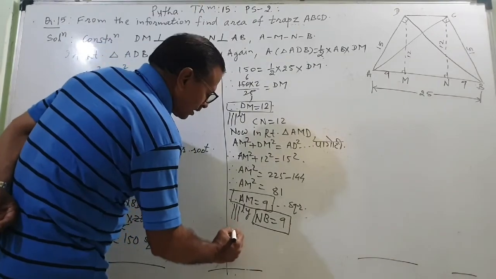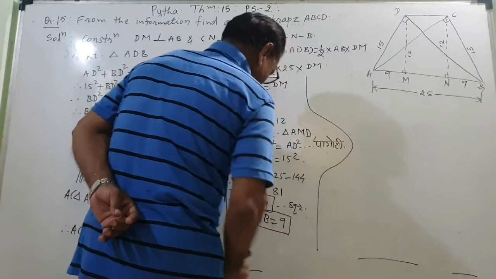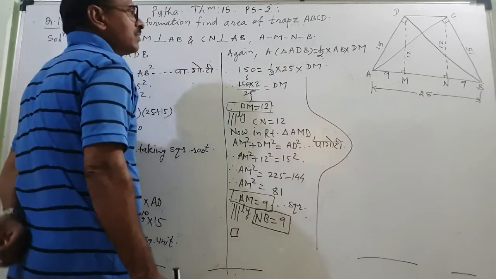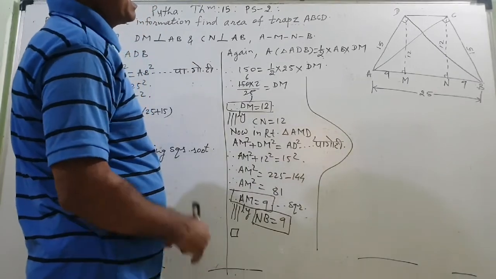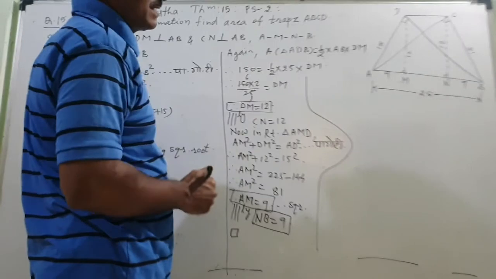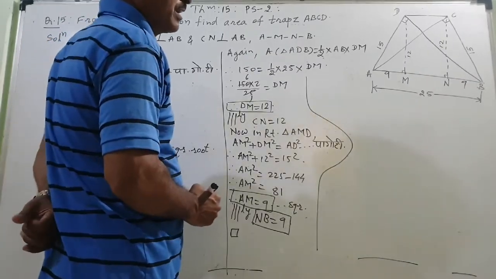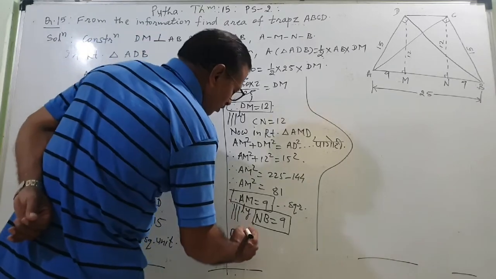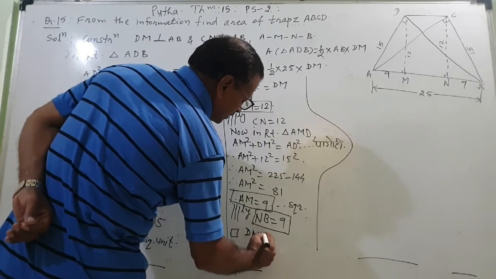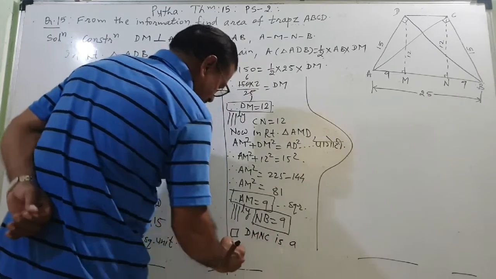In quadrilateral DCNM or DMNC, quadrilateral DMNC is a rectangle.